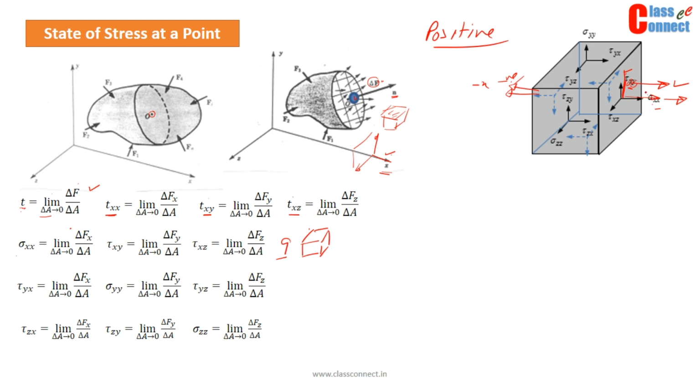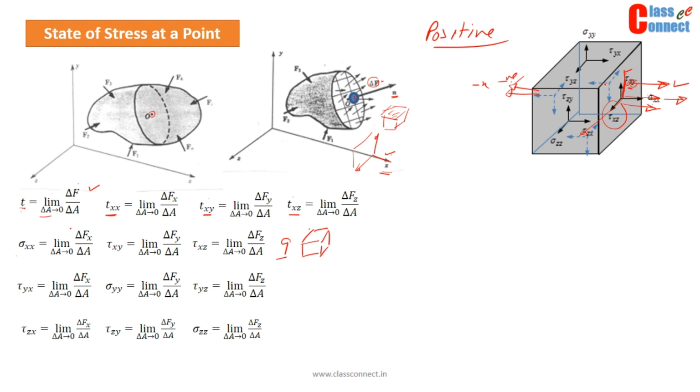So this is also a positive stress. Likewise, this stress is acting in positive z direction and the plane is along positive x, so it is positive. If any of the directions is opposite, then it is negative. If both are positive or both are negative, then it is a positive stress.